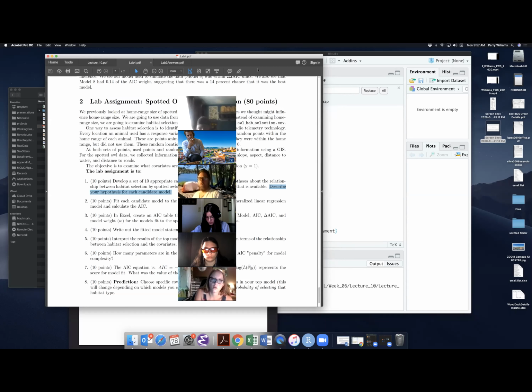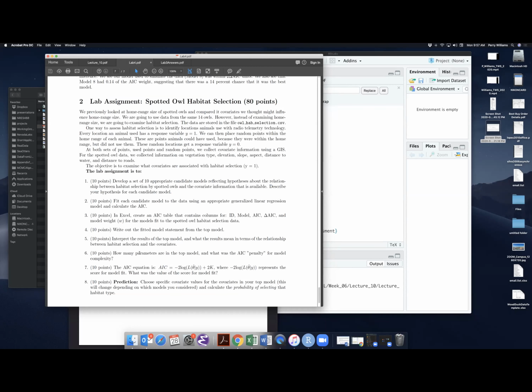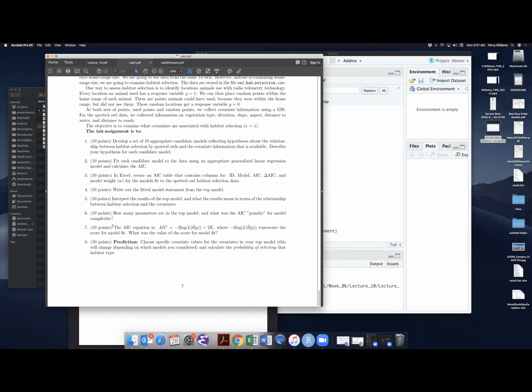Any other questions? Yeah, Perry, I have a quick question about lab 4, question 7. I was thinking that for answering that, you fill in the AIC value and then you plug in, because we know 2K and we know AIC and we're trying to solve for -2 log likelihood.